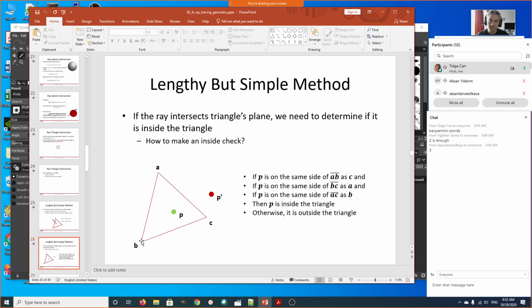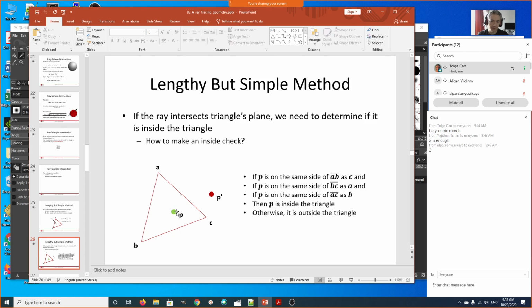But also, you could try to look at the directions. As I said last time, the cross product will give us the normal vector of the plane.